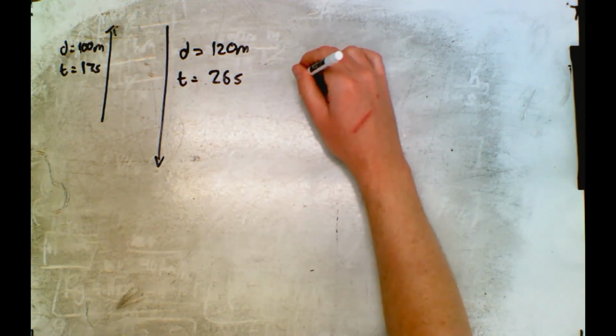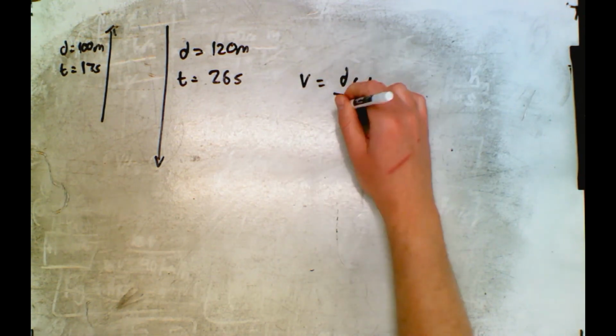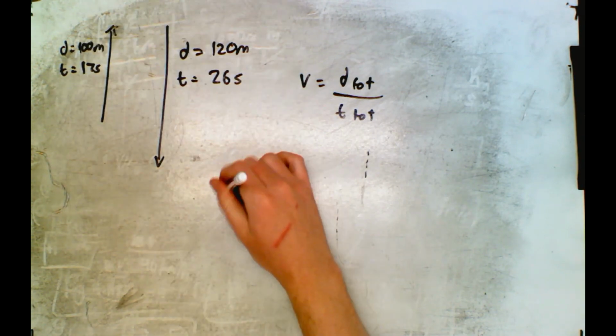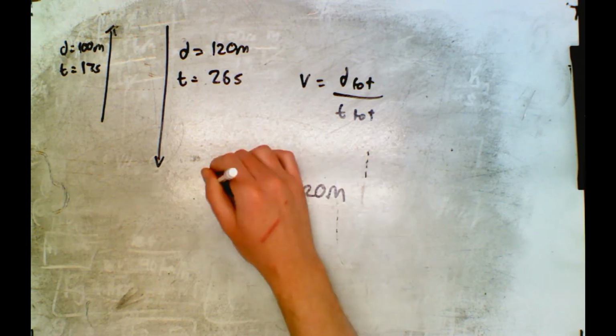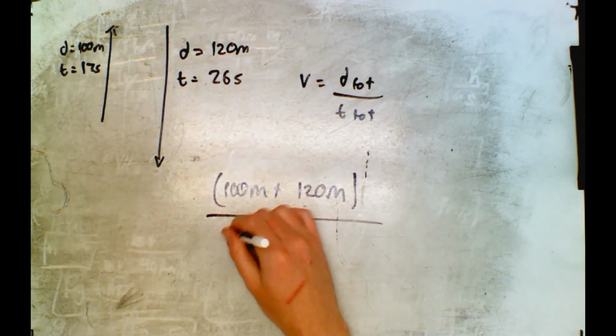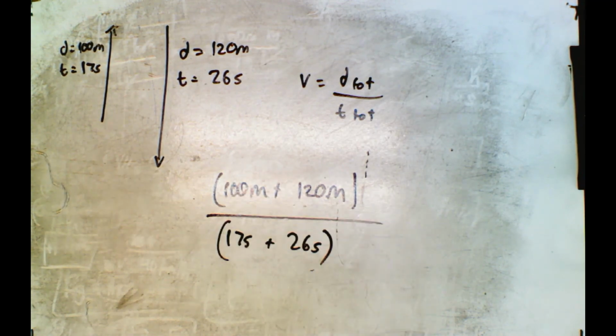So we're going to use v equals d total over time total. Our first distance is 100 meters. Our second distance is 120 meters. It's just speed, so it doesn't matter direction. Our first time is 17 seconds. Our second time is 26 seconds. So that's it.